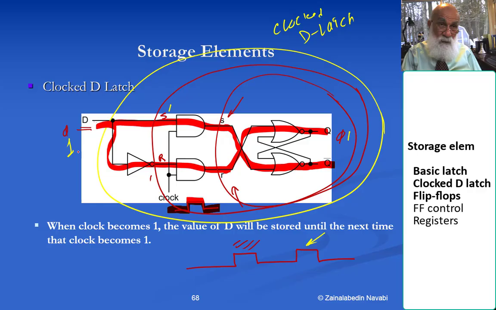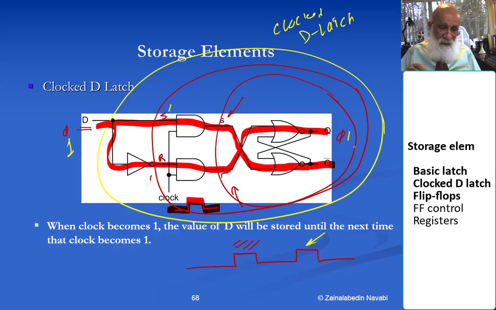If it changes to 0 while the clock is 1, the 0 also propagates to the output. That means it's transparent. During the time that the clock is 1, it is transparent. It lets the input values propagate through. If you don't like that, why wouldn't we like that?